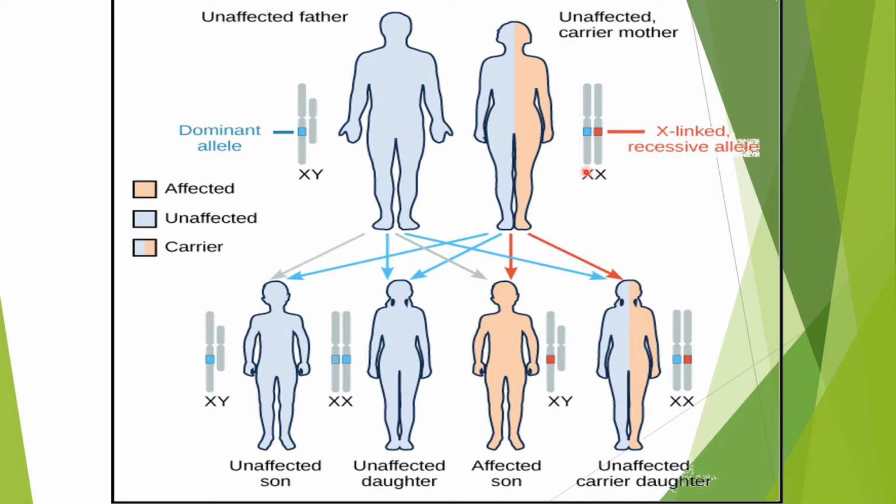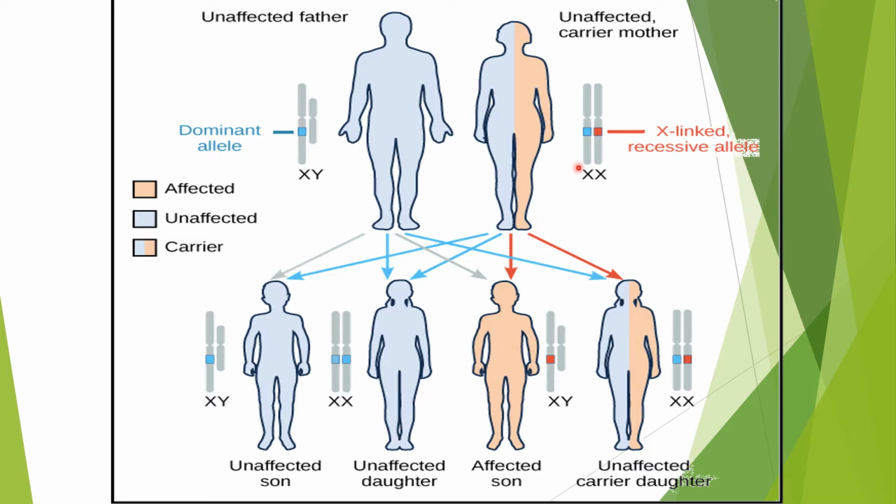When this normal X chromosome of the mother combines with the X chromosome of the father during the process of fertilization, then it will result in an unaffected daughter. So she is a normal daughter.